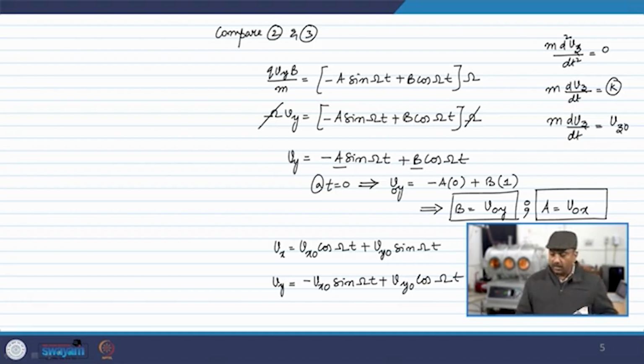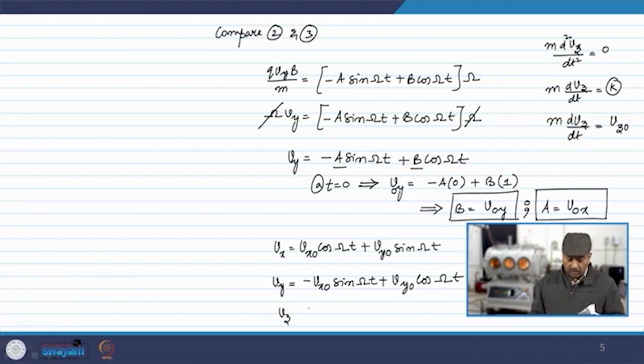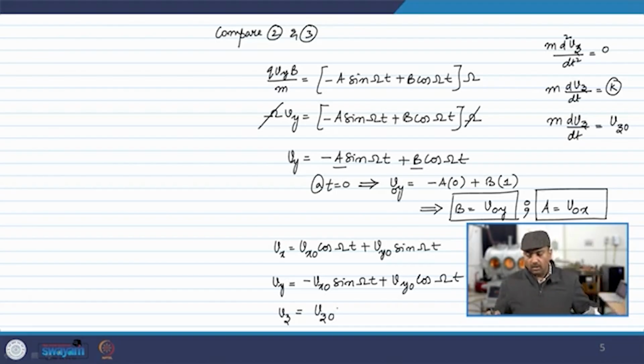So, since Vz will remain a constant, that is the point that we are trying to make, Vz will simply be Vz0. We could have gotten rid of the mass here itself, it does not matter.